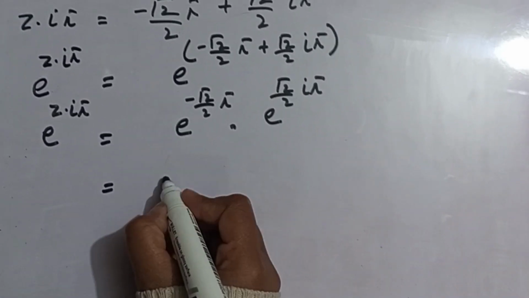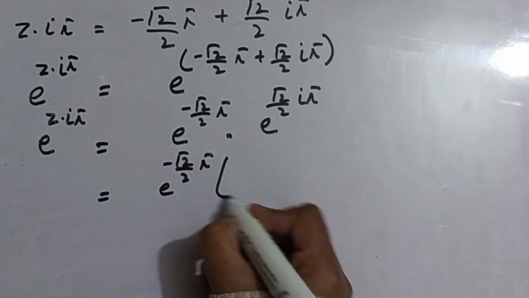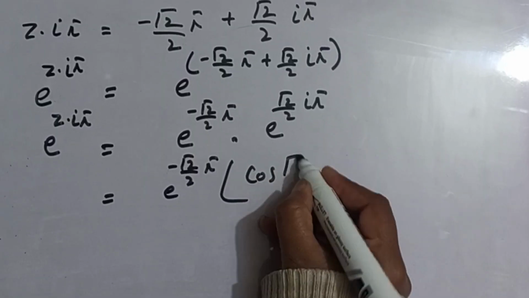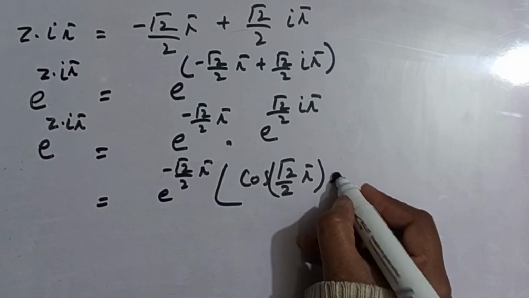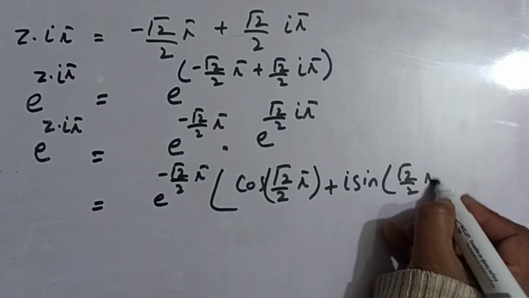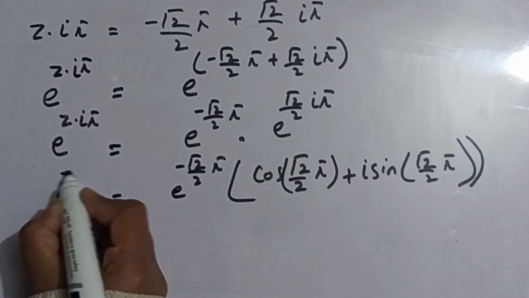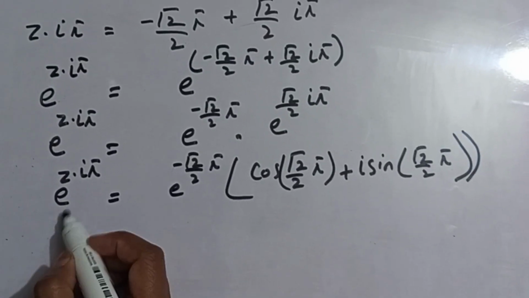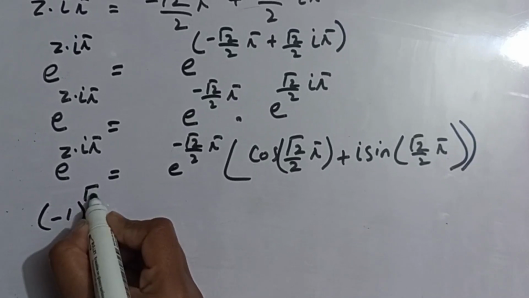We copy this value, e raised to the power minus square root 2 over 2 pi. We write this other value as cos square root 2 over 2 pi plus iota times sine square root 2 over 2 pi. The left hand side is e raised to the power z multiplied by iota times pi, and this left hand side is equal to (-1) raised to the power square root iota.